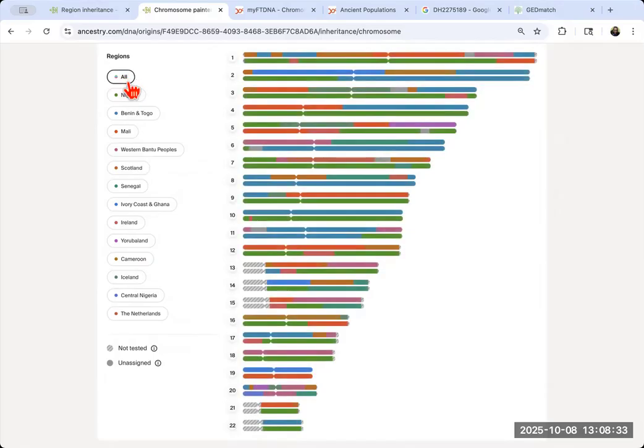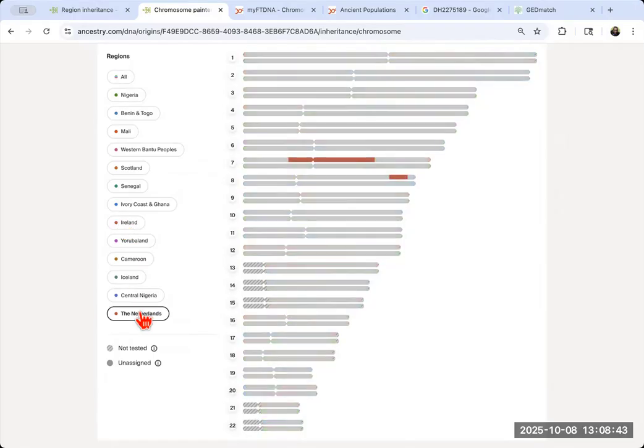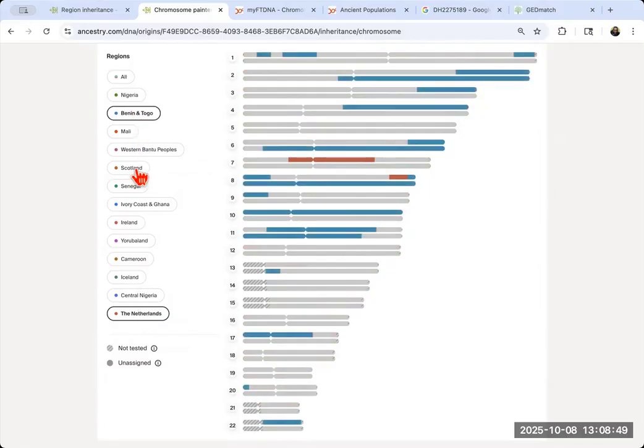Scotland, Senegal, the Netherlands, Benin, Togo, Scotland, Senegal. That makes up chromosome 8 over here.